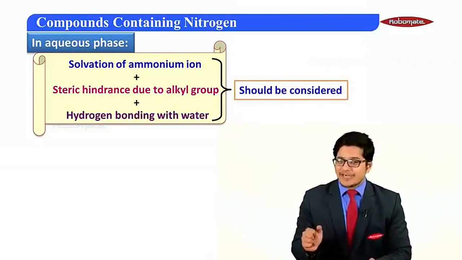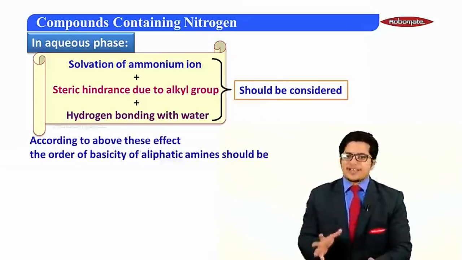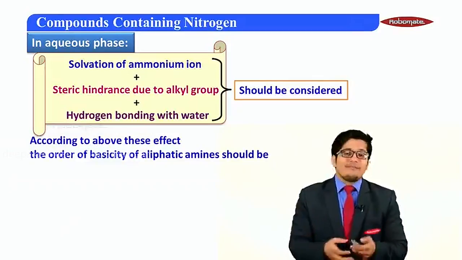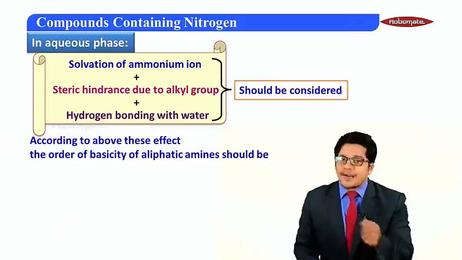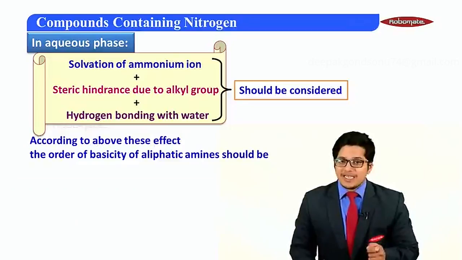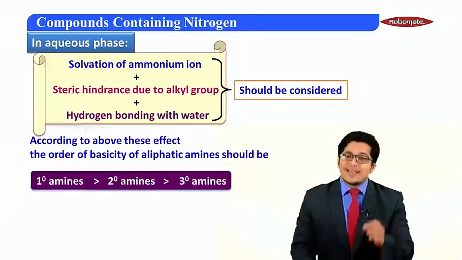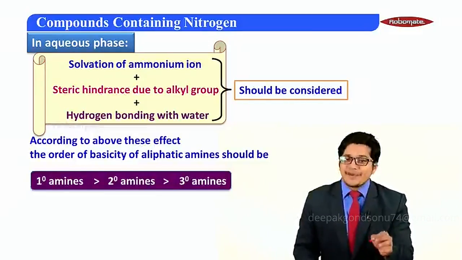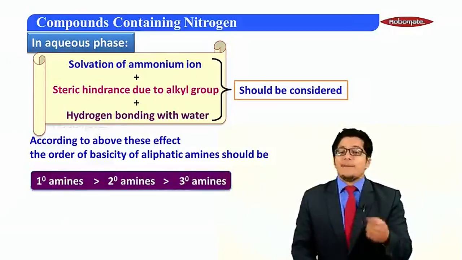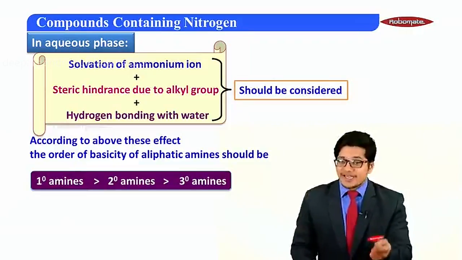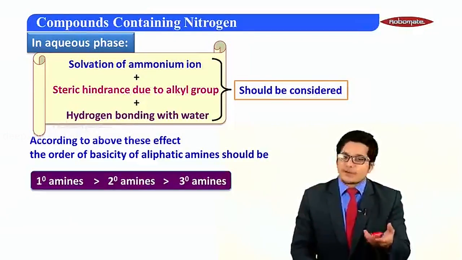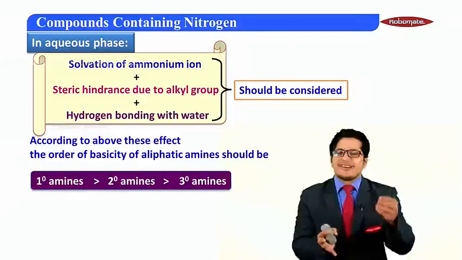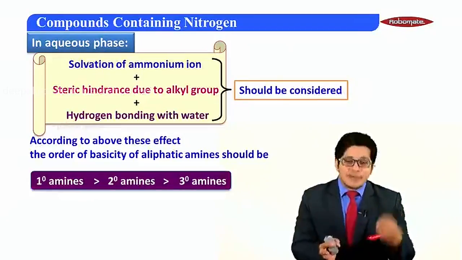According to all these 3 effects, the order of basicity for aliphatic amines should normally be primary greater than secondary greater than tertiary, because primary would form more hydrogen bonding with water, as it has more capacity to aggregate. Secondary a little less, tertiary very less.